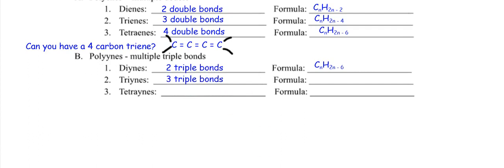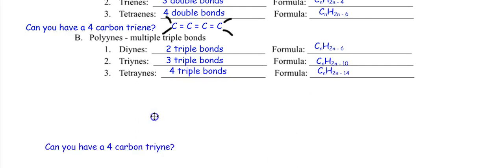Again, take away 4 more hydrogens from the diene, and I get CnH2n minus 10. And finally, I have a tetraene. Oops, sorry. Tetraene, that's kind of hard to say. You have 4 triple bonds. And the formula is, are you ready? CnH2n minus 14, because I keep taking 4 electrons away.